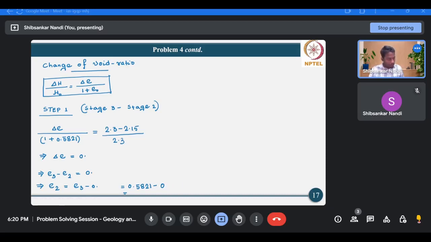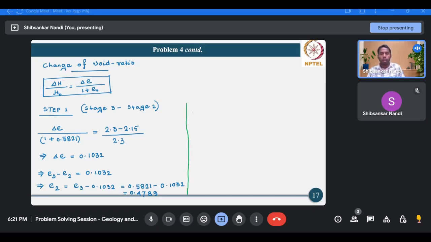Into 1.5821, so that is 0.1032. So 0.5821 minus 0.1032, it's 0.4789. So this is after consolidation, but we need to calculate the void ratio before consolidation.